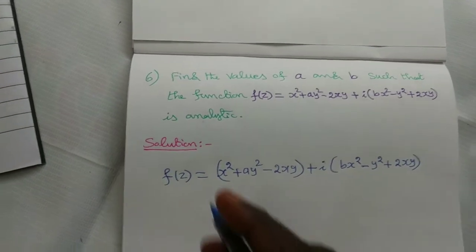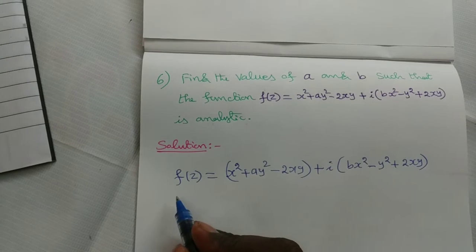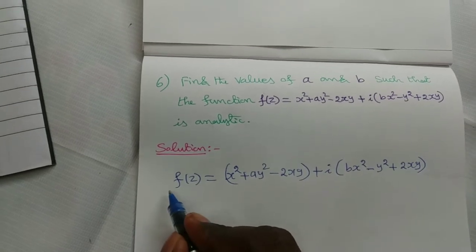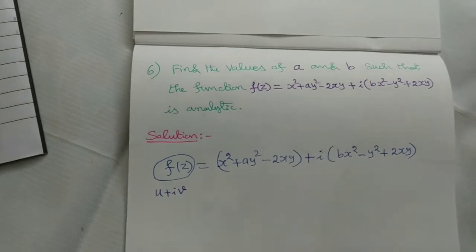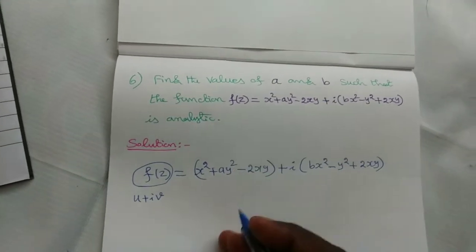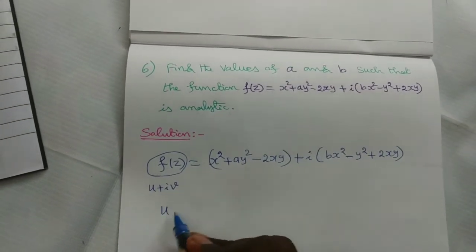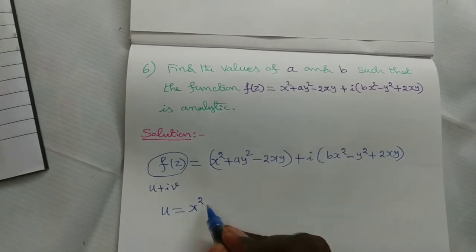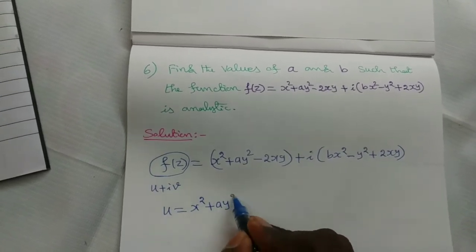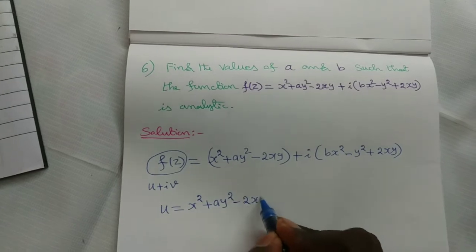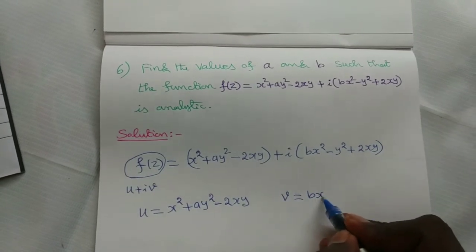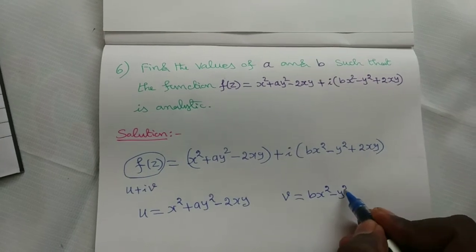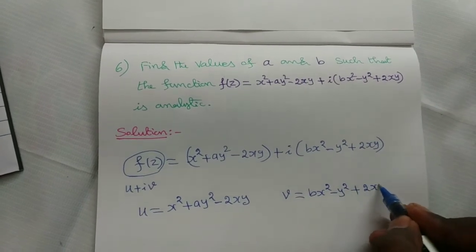Now here f of z is u plus iv. By equating the real and imaginary parts, u is equal to x square plus ay square minus 2xy, and the imaginary part v is equal to bx square minus y square plus 2xy.